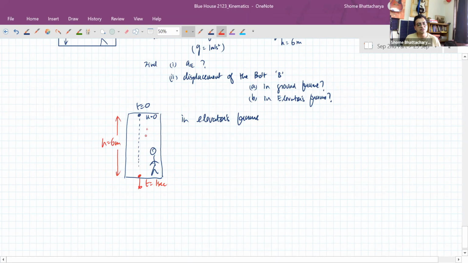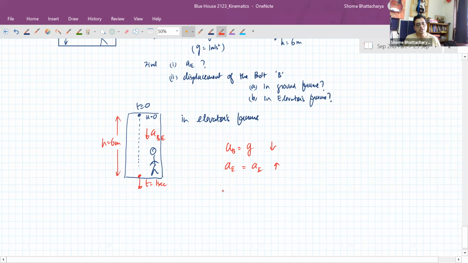But while it is making this displacement, its acceleration is like this. Okay. So acceleration of the bolt is g downwards. Okay. And acceleration of the elevator is AE upwards.